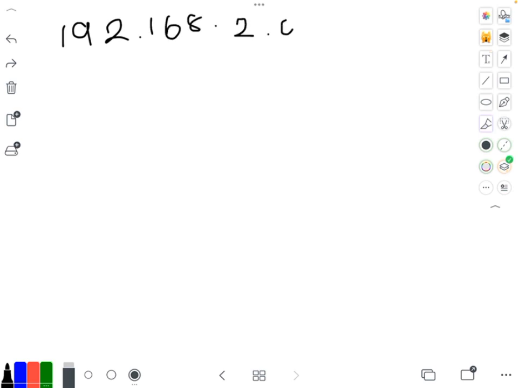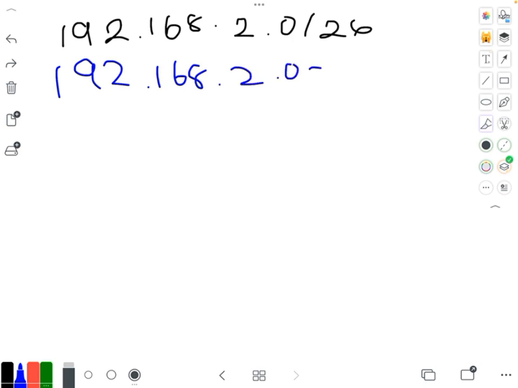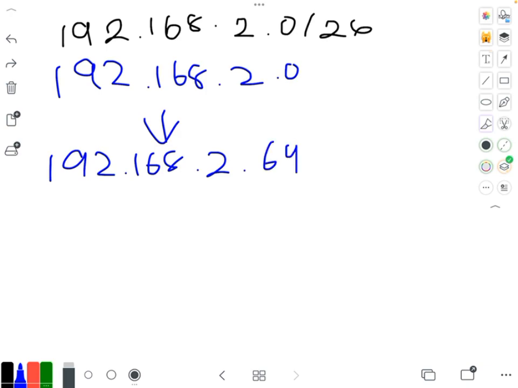we need to increment by 64. Our first subnet is going to be 192.168.2.0/26, and the range goes from 192.168.2.0 to 192.168.2.63.